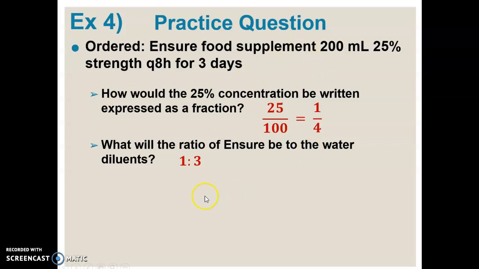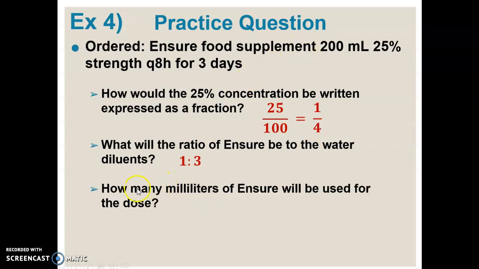Now we have to figure out the dose here. How many milliliters of Ensure will be used for the dose? Overall we need to give 200 milliliters, but only 25% of that 200 is going to be Ensure. The other 75% is going to be water. So this question wants to know how many milliliters will be Ensure.